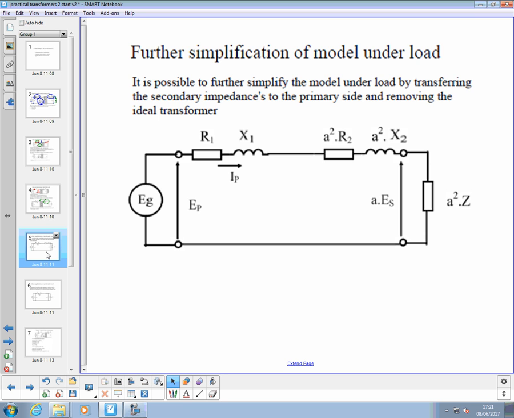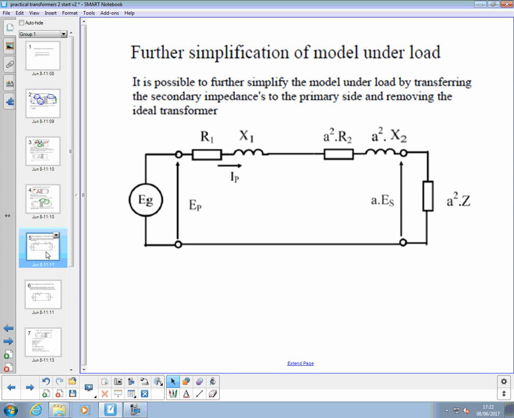So we simplify the circuit by bringing R2 across, we multiply by A squared, bringing X2 across by multiplying by A squared, A being the transformer ratio, N1 over N2, and we multiply the load impedance by A squared as well, and we multiply secondary voltage by A. Yeah.